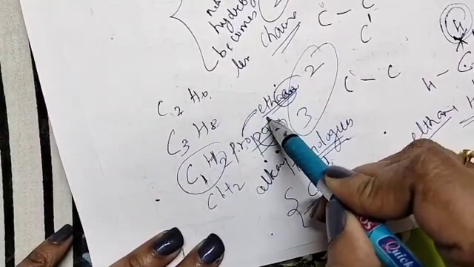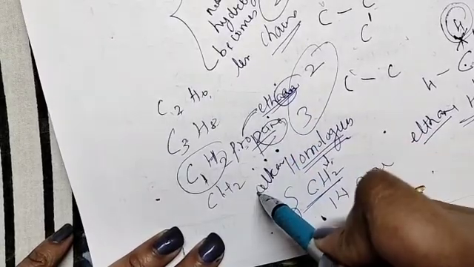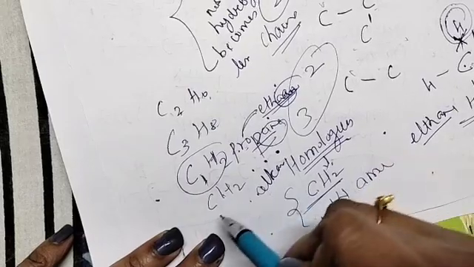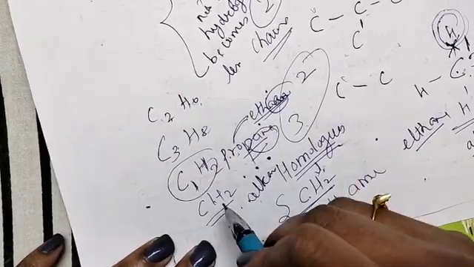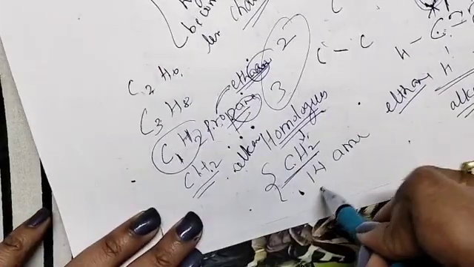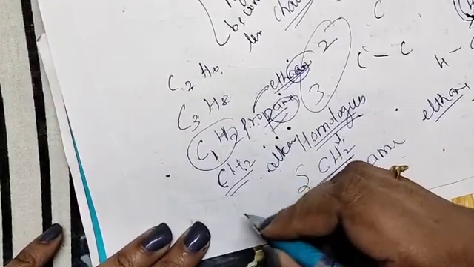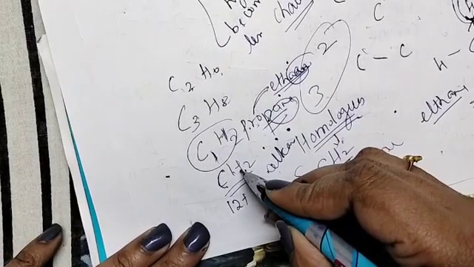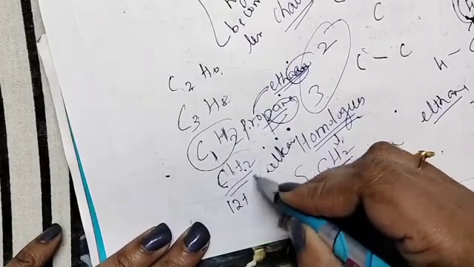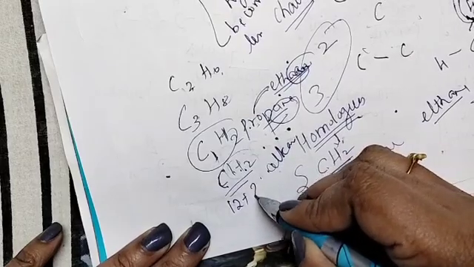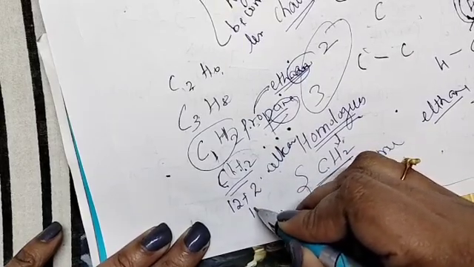So it is methane, ethane, then propane, then butane, then pentane. Like that, if they are in an order, one below the other, successive, then the difference between them is CH2. And why did I write 14 AMU? Carbon has atomic mass unit 12, and hydrogen is 1, but there are 2 of them. So that will be 2 into 1 is 2. 12 plus 2 is 14.